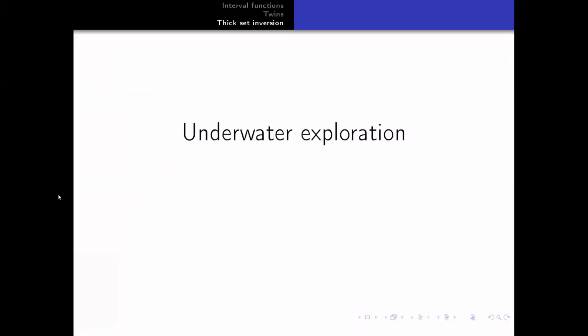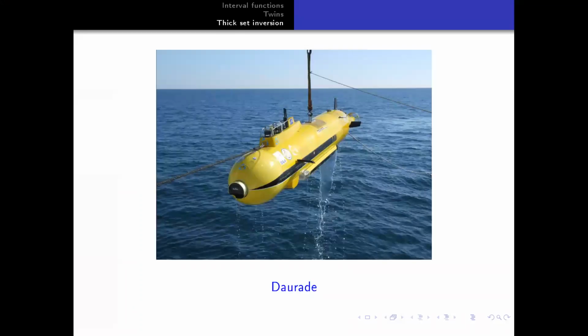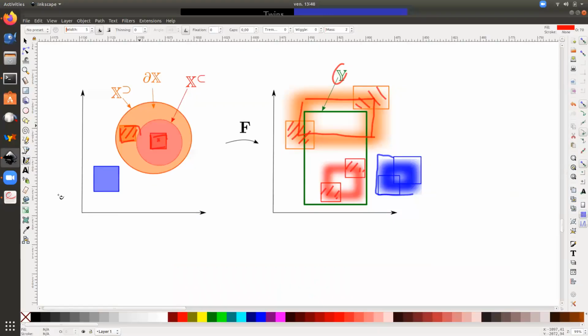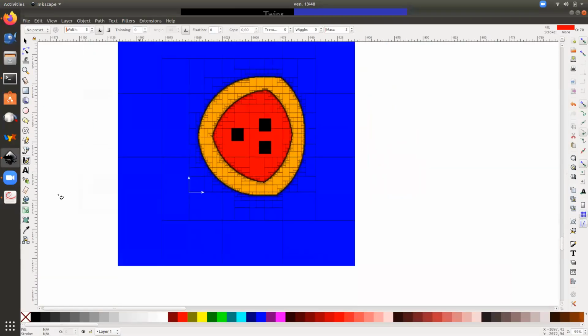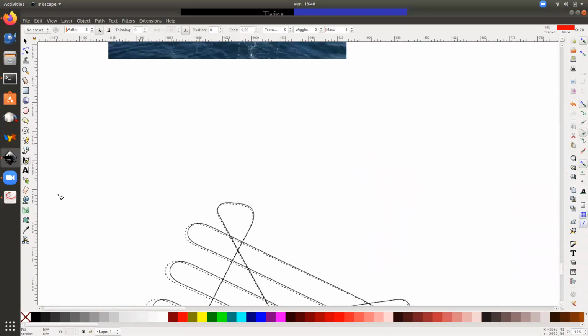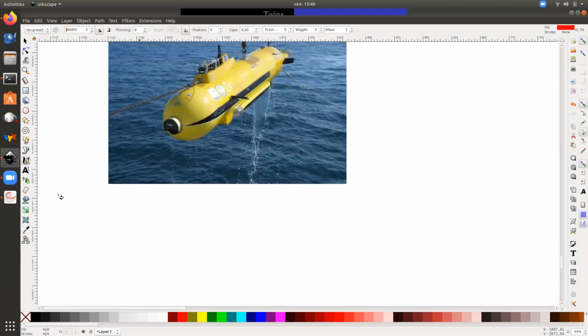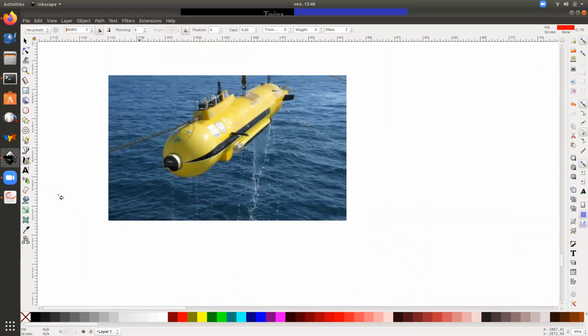Okay, so just the final example, underwater exploration. I have a robot like this, which is DORAD, which we have in Brest. DORAD is an underwater robot which is equipped with a sonar.